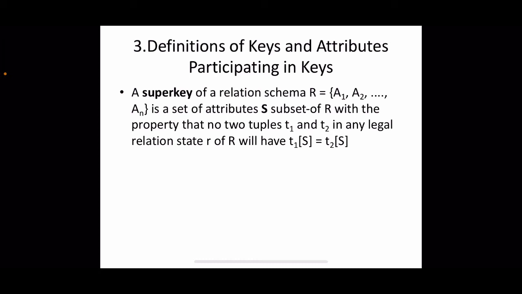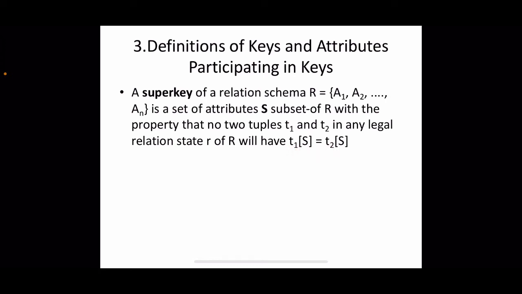Now let us try to define the super key. A super key of a relation schema R is a set of attributes S, which is a subset of the schema attribute set R, with the property that no two tuples t1 and t2 in any legal relation state r of the schema R will have t1[S] = t2[S].